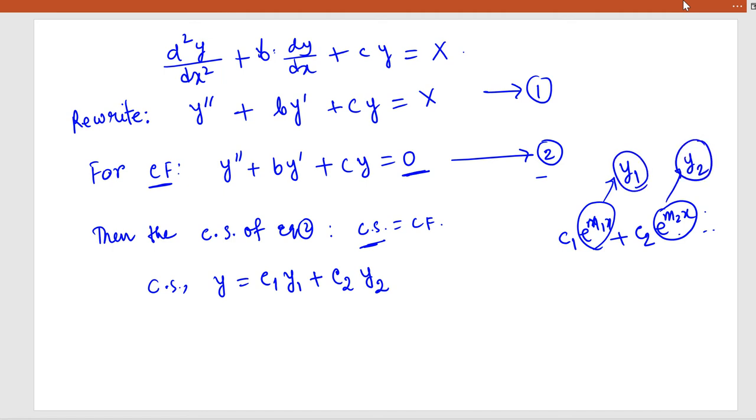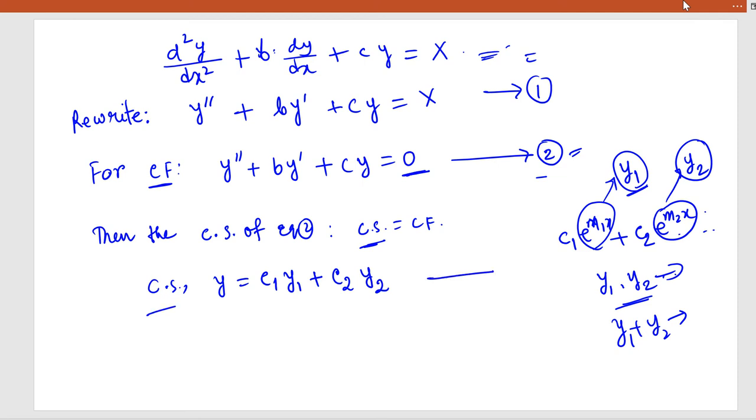At the very beginning of this ordinary differential equation course, we mentioned that if y1 and y2 are two solutions of this differential equation, then y1 plus y2 will also satisfy this equation.